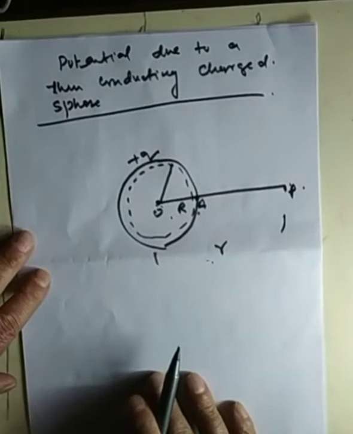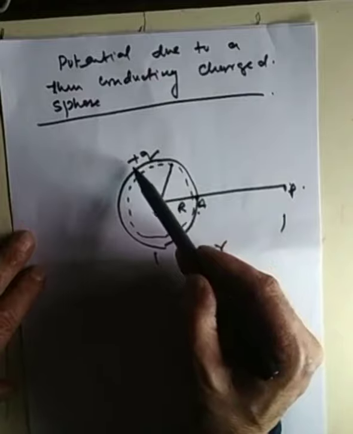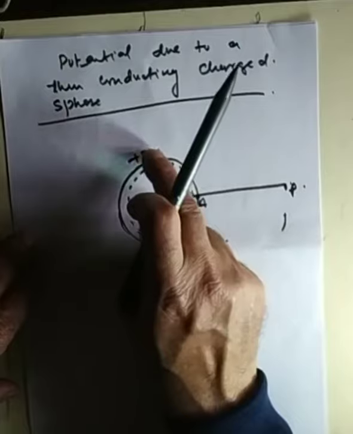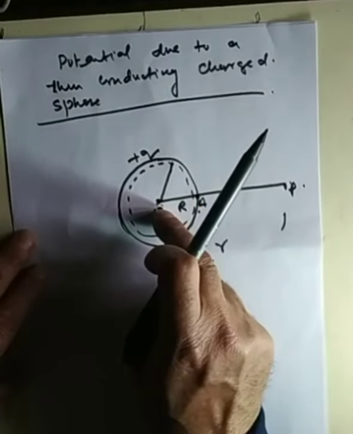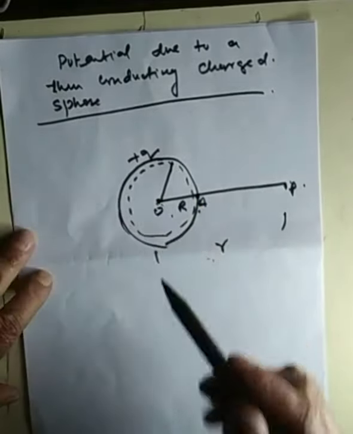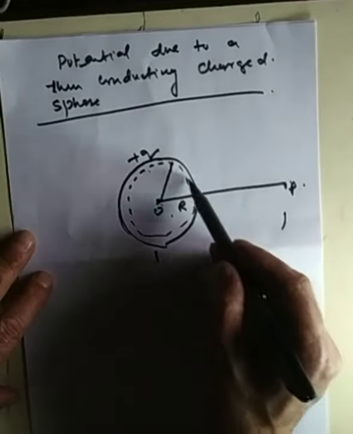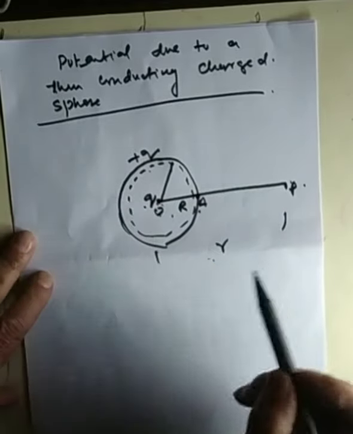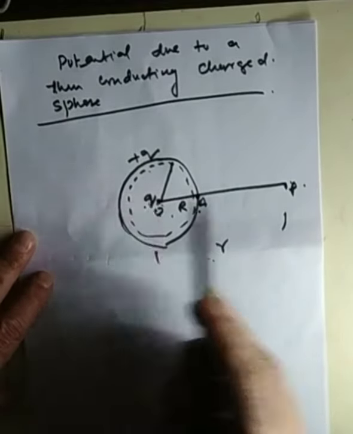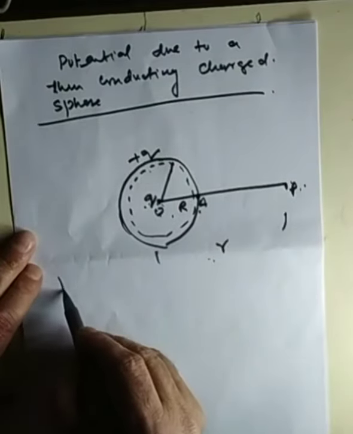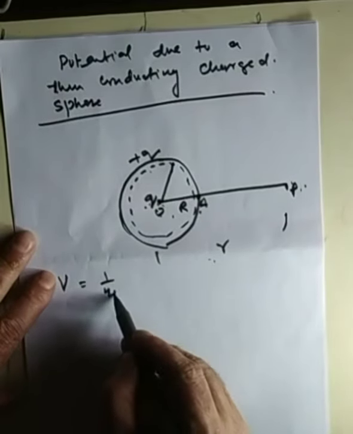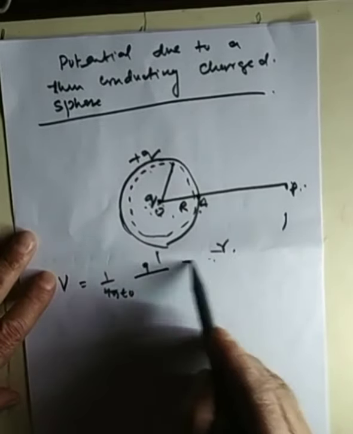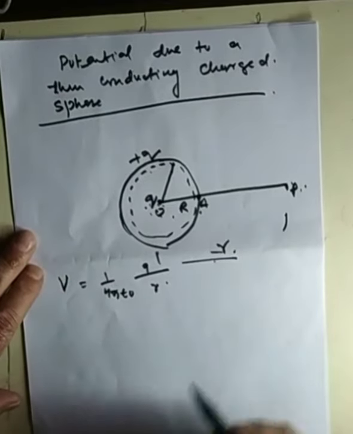Now, we know that the charge on a conducting sphere behaves in such a way that the whole of the charge is concentrated at the center. It is already known. Therefore, if we assume the whole charge Q is at the center O, then the potential due to this charge Q at point P will simply be V equal to 1 by 4 pi epsilon 0 times Q by the distance, which is small r.